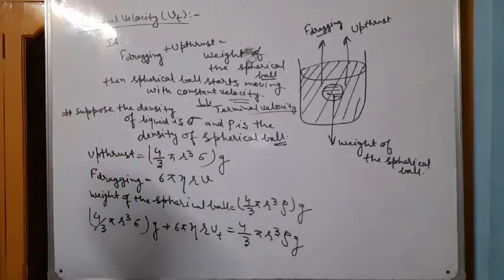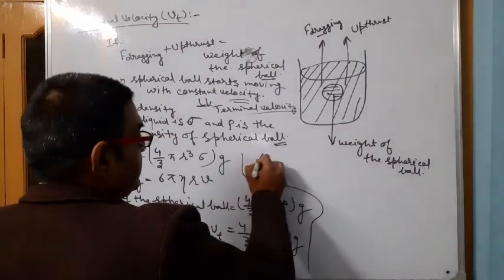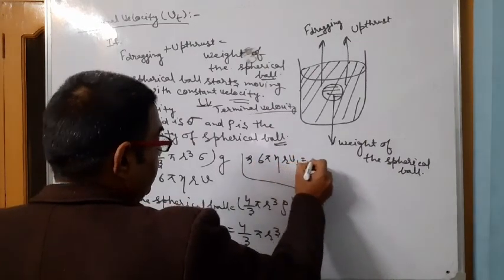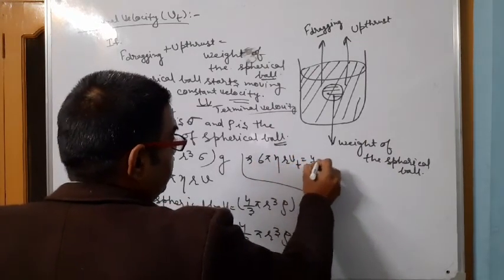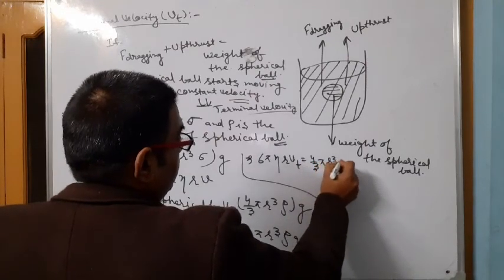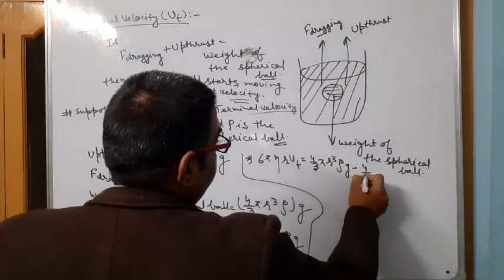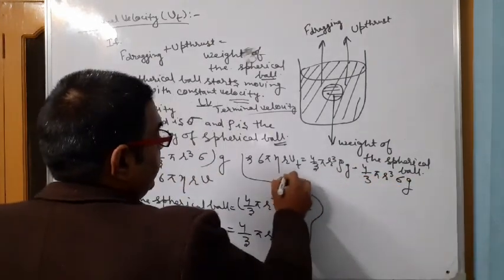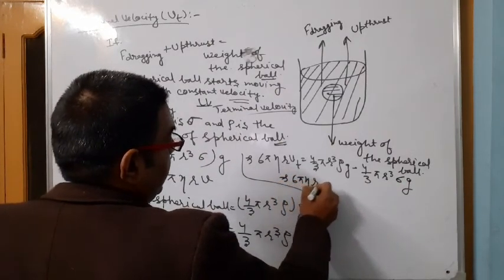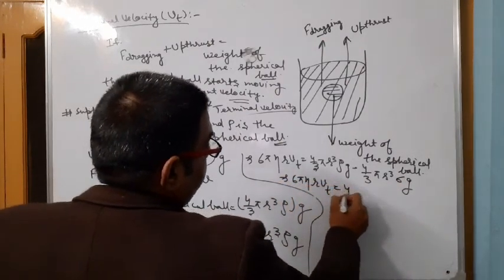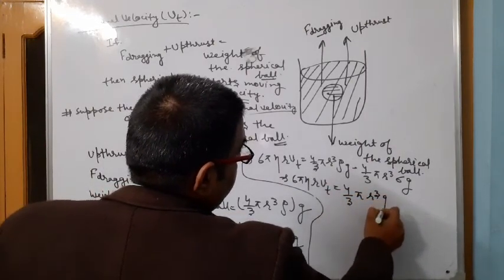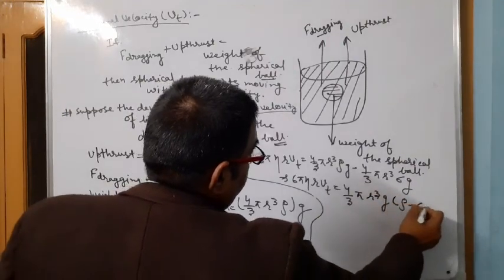From here we want to find the value of terminal velocity, so 6 pi eta r vt is equal to 4 by 3 pi r cube rho g minus 4 by 3 pi r cube sigma g, which is 4 by 3 pi r cube g (rho minus sigma).